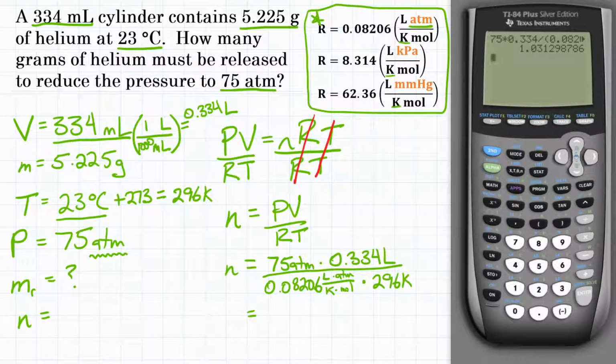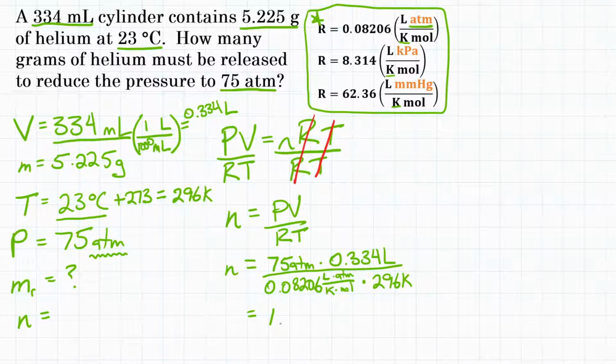Let's just cut that off at 1.031, and that is moles because we were solving for n. So that is how many moles we need to have a pressure of 75 atmospheres.